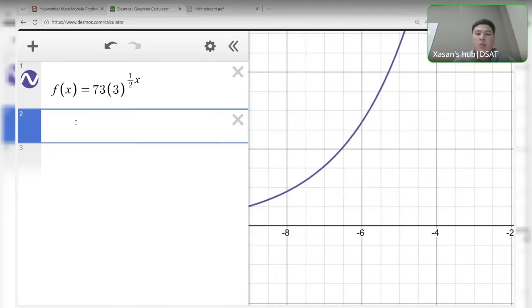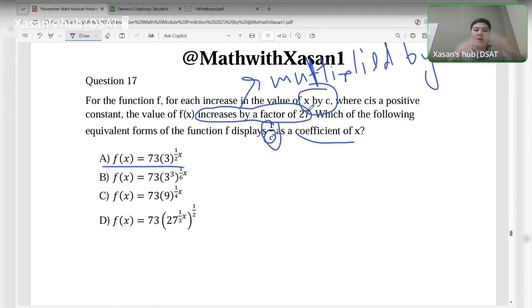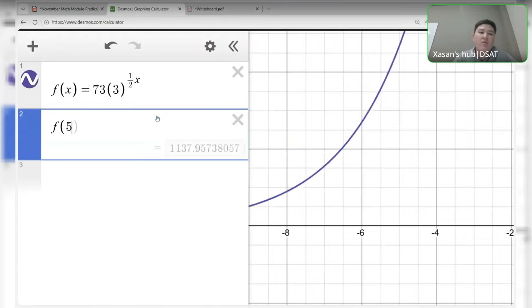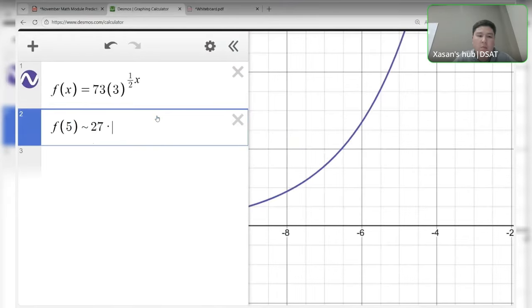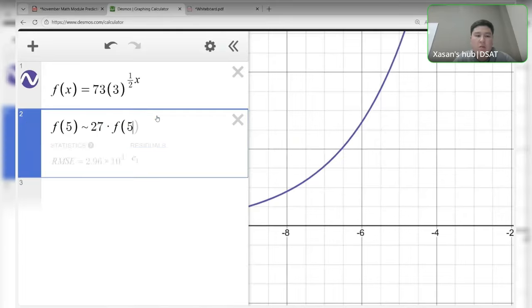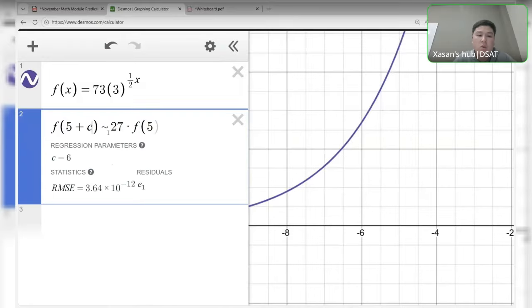And guys, the question is saying that when you increase the value of x by c, for any value of f of x, like f of 5, it now equals 27 multiplied by f of 5. So f of 5 plus c equals 27 times f of 5.